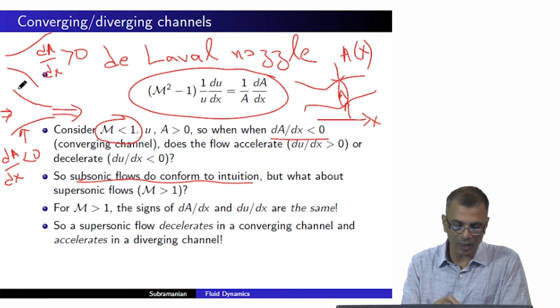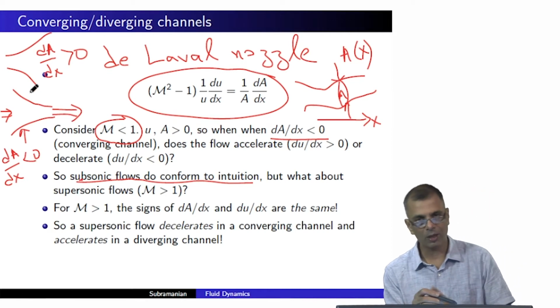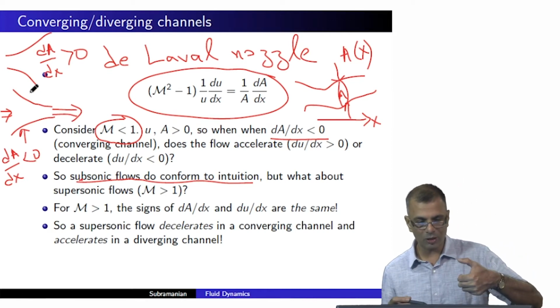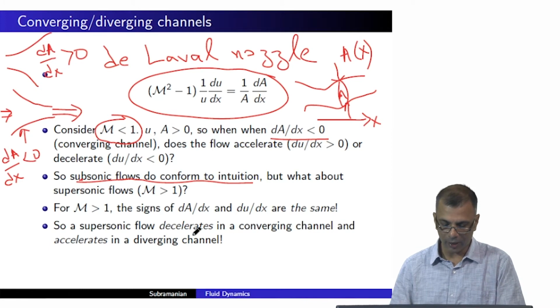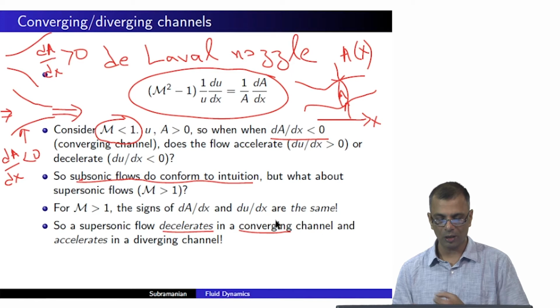So if dA/dx is negative, in other words, in a situation like this where the channel is being squeezed, you find that the flow decelerates. So dA/dx is negative, and du/dx is also negative. So the flow decelerates in a converging channel, which is opposite to our intuition about subsonic flows. So for supersonic flows, it's strange, right?